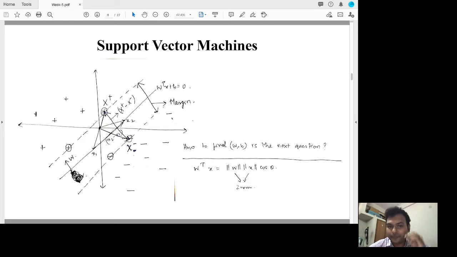Is W greater than x plus minus x minus? No, W is not greater, W is not lesser. You can't talk about W itself. What I am trying to say is, let's say you are projecting this x plus minus x minus vector. Let me call this the vector z.